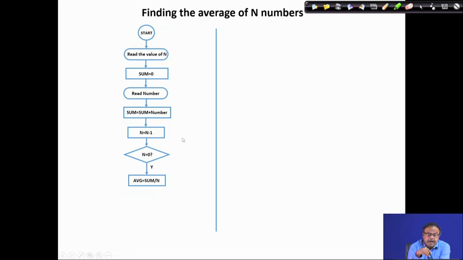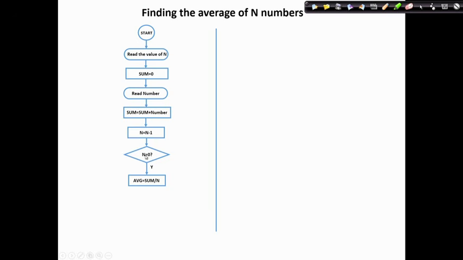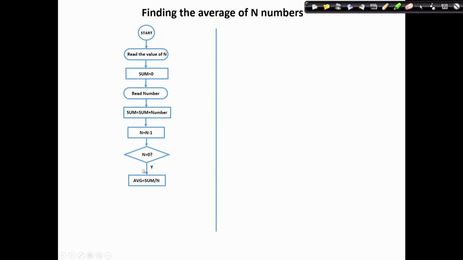In a decision box, as I have told you just a couple of minutes earlier, I can have two options, either a yes or no answer. If n is equal to 0, what does that signify? That signifies that I have already read all the numbers. Then I can compute the average as sum, whatever sum I got, divided by n.